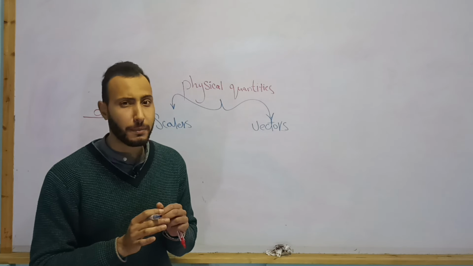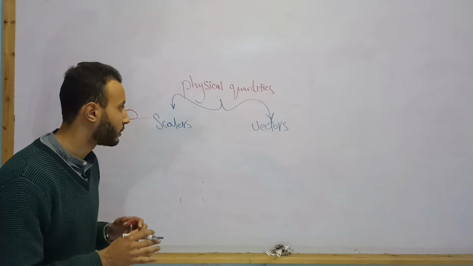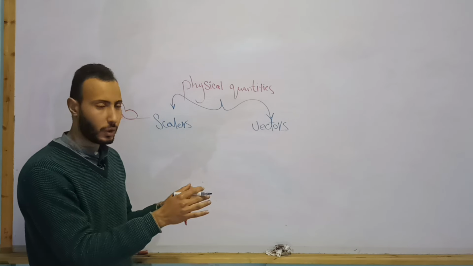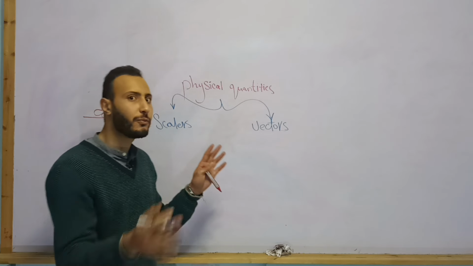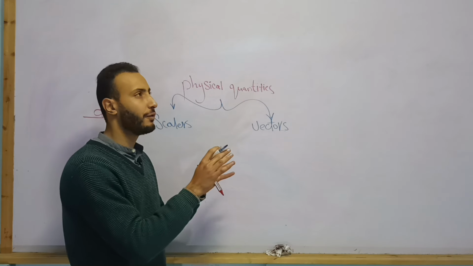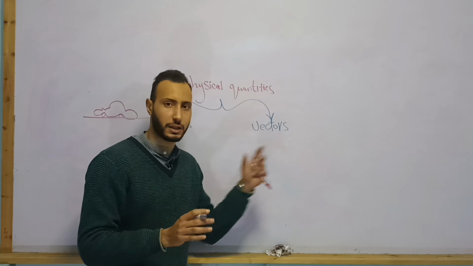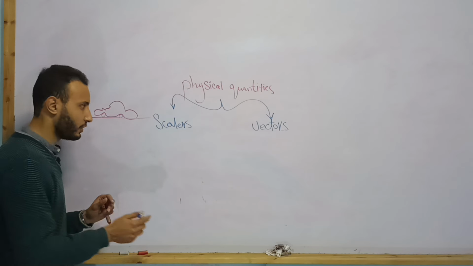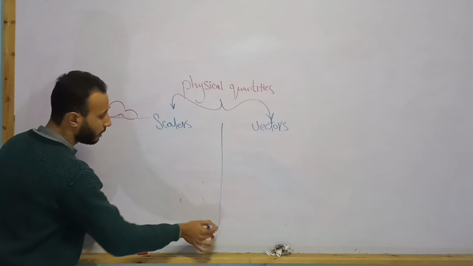So in this quarter, we're gonna dive more into the vectors. Okay, we're gonna leave the scalars and dive more into the properties of these vectors, the characteristics of vectors, what I can do with these vectors. Okay, but let's make a recap for this revision.